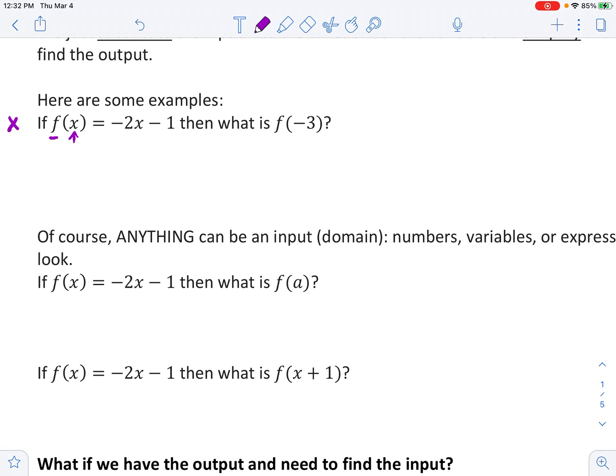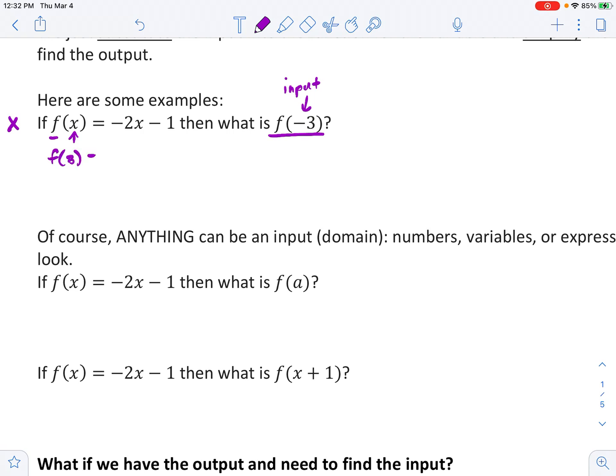Well, the function rule says that first thing we're going to do is multiply the input value by -2, and then we're going to subtract 1 from that input value. So what is f of -3? Well, remember, the -3 in this case is saying that the input value is equal to -3.